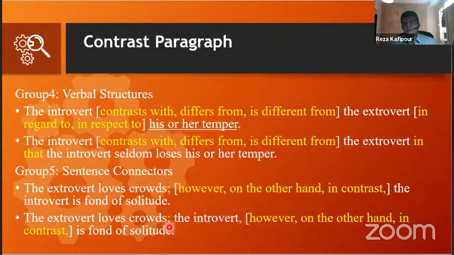So the semicolon stays in its place, but we start the second sentence: the introvert, however, is fond of solitude. Two commas for however when it appears in the middle of a sentence, but the semicolon appears between two sentences in its own place.